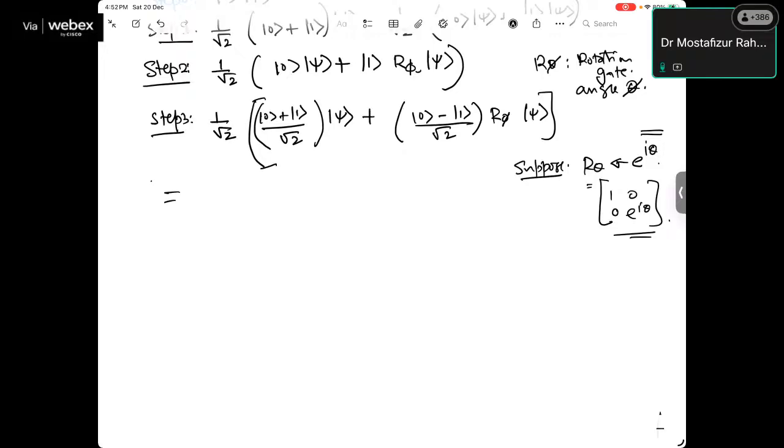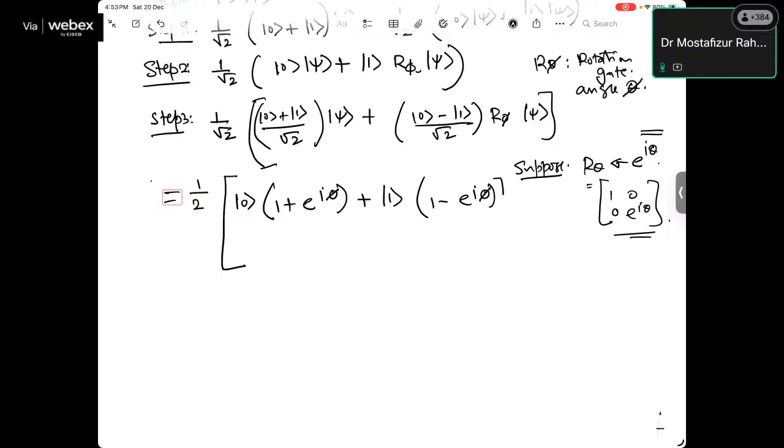Then in this equation, if I put all the 0 on one side and all the 1 on the other side, the square root 2 times the square root 2 will become half, right? And I'll have an equation like this: 0 times 1 plus e to the power i theta, I just placed r phi as e to the power i theta here, right? Plus 1 times 1 minus e to the power i theta or i phi, right?